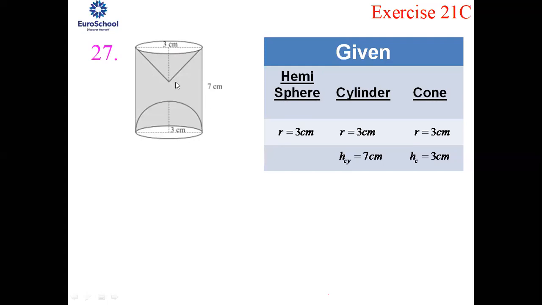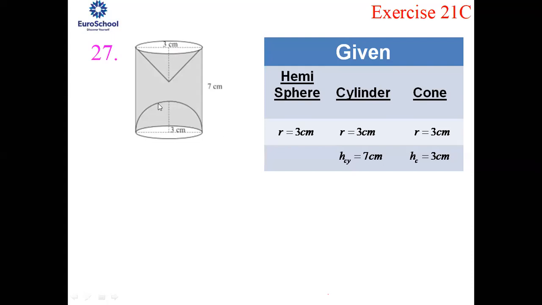So how do you find the volume of the remaining solid? Ma'am, first we add the volume of the cone plus the volume of the sphere, and then subtract it from the volume of the whole cylinder. That's right. But the volume of the cylinder will be bigger than your volume of cone and volume of hemisphere, right? Ma'am, actually it should be volume of cylinder minus the volume of cone plus hemisphere.